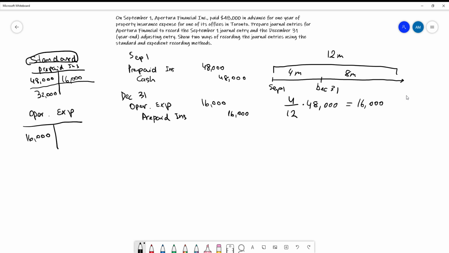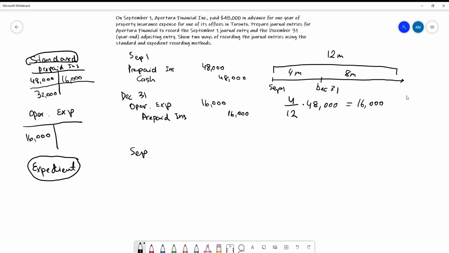There's also the expedient approach, which is also called the expense approach, under which we should treat the September 1st expenditure as an expense.